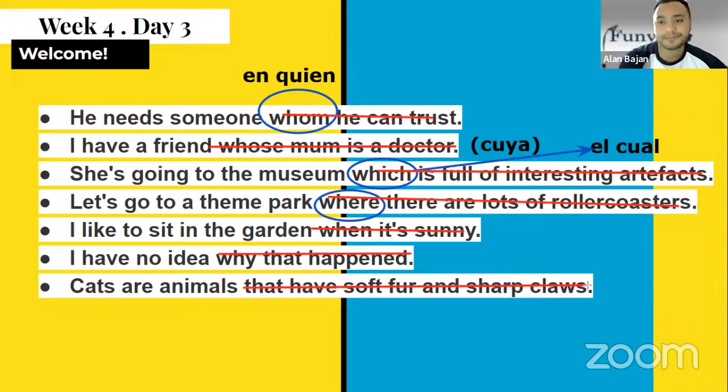Cats are animals. Oh, so you are saying cats are animals that have soft fur and sharp claws. Los gatos son animales que tienen el pelaje suave y uñas filosas.